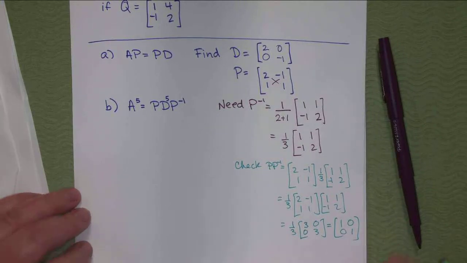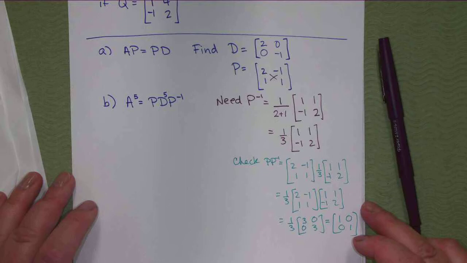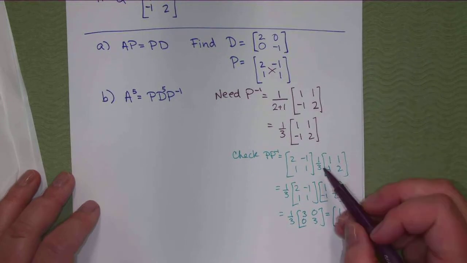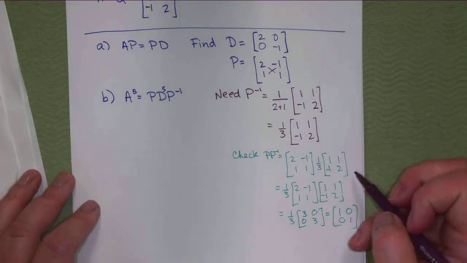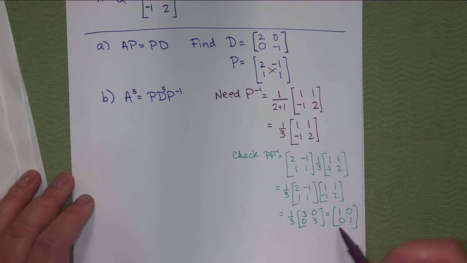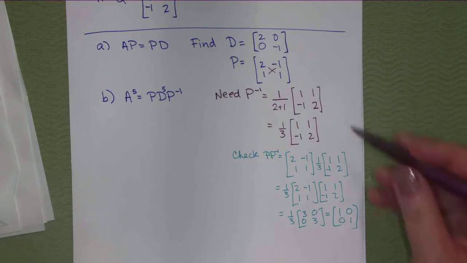Right, that's how you would check your inverse. Just multiply them. I just left the 1/3 in front instead of putting it as a fraction, and then just put it back in when I got 3's down the diagonal. Multiply by 1/3, you get your identity. Okay, so that's our check.